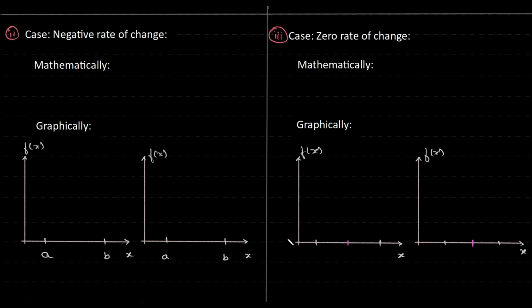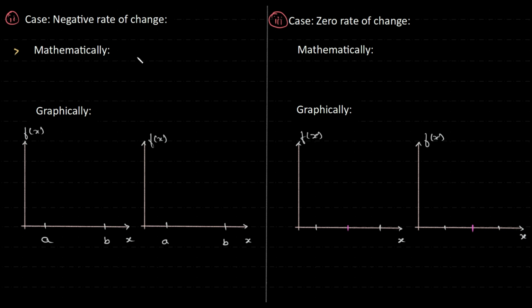Similarly, we can have negative. So basically, this would be a value which is less than 0. Graphically, how does it look like? Between that interval, again, here we're looking at an interval, it would maybe look like this or look like this.